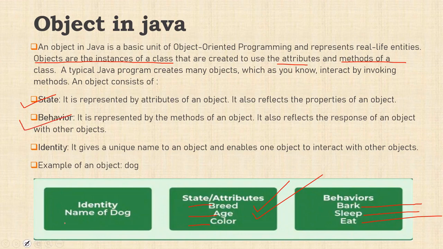And identity is the name of the dog. At the time of creating the object of the class, if you're creating an object of the Dog class and you make Tommy the instance, Tommy as an object, then Tommy will be the identity of that object.